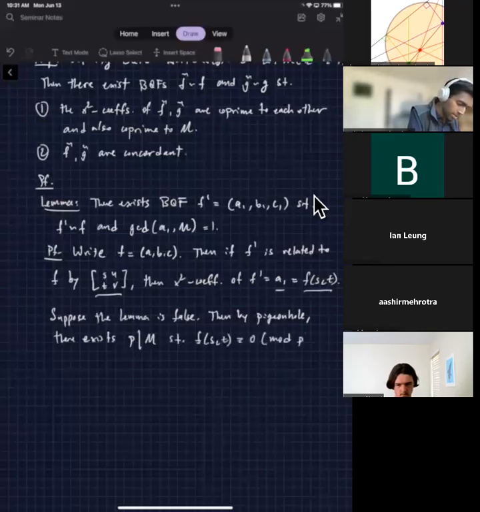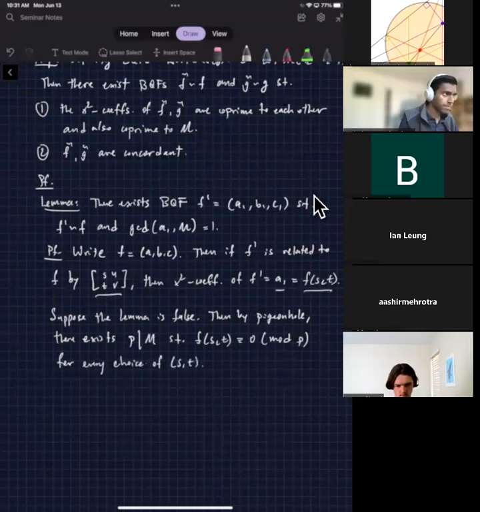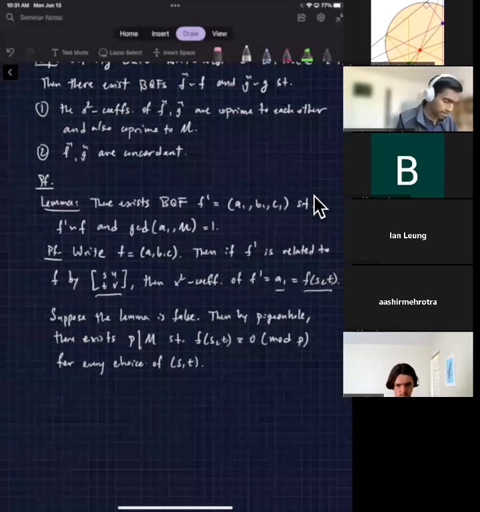It's divisible by p for every choice of the pair s comma t. Okay.